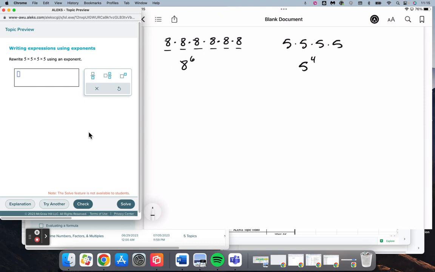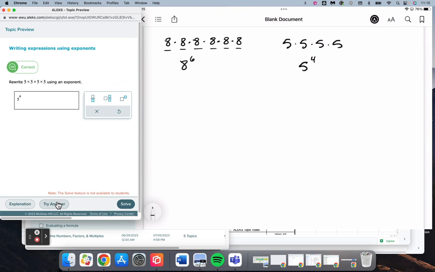And if we were to multiply 5 by itself 4 times, we would end up with 625. Those numbers are not the same. So it's very important to recognize that something written with an exponent like that is that number, in this case 5, times itself 4 times. So entering this in exponent form, 5 to the power of 4. And we got it.